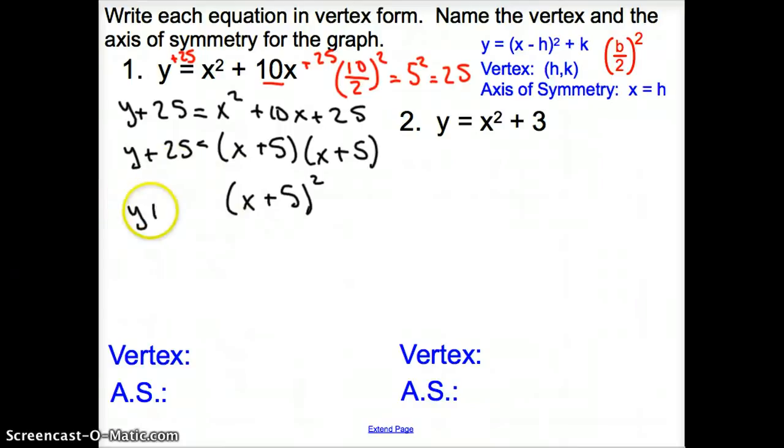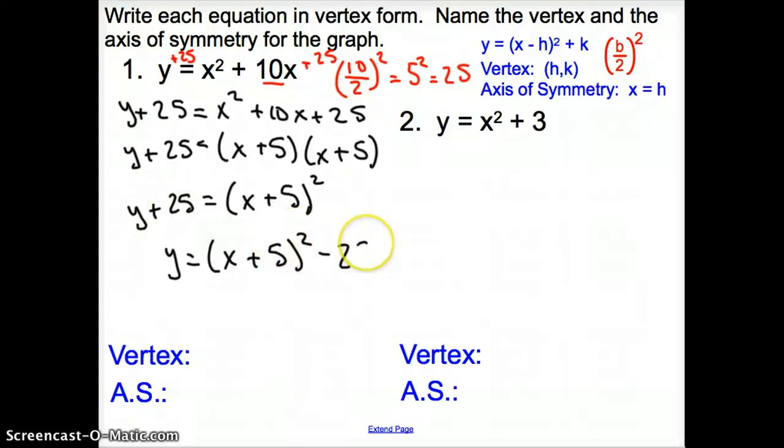What equals that? y plus 25 still equals that. Now we want to solve for y, right? Because in vertex form, y is all by itself. So I'm going to subtract over that 25. So now y equals (x plus 5) squared, and I subtracted the 25 over there to get minus 25.